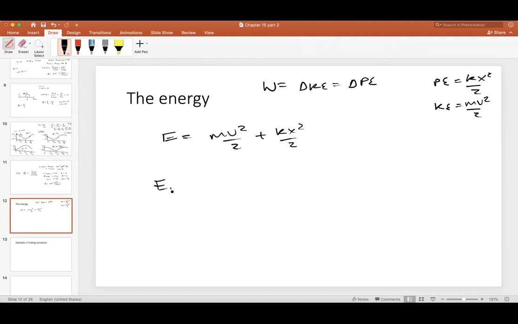And conservation of energy says energy at time 1 is energy at time 2. So this would be m times v1 squared over 2 plus kx1 squared over 2 is equal to mv2 squared over 2 plus kx2 squared over 2.